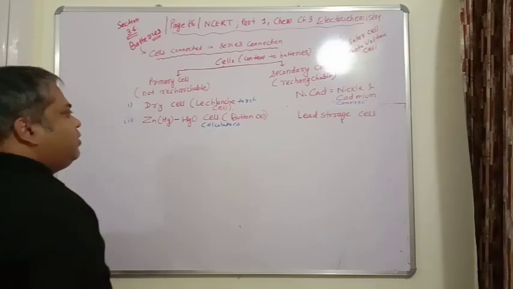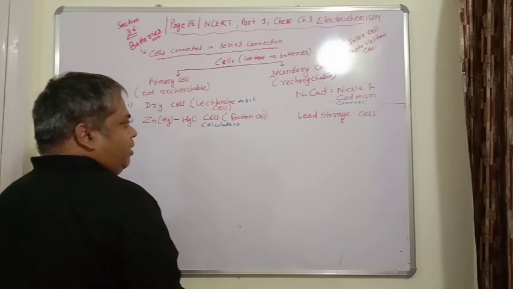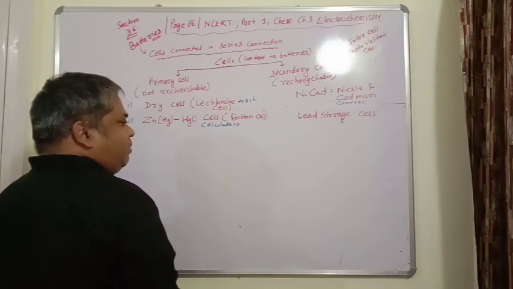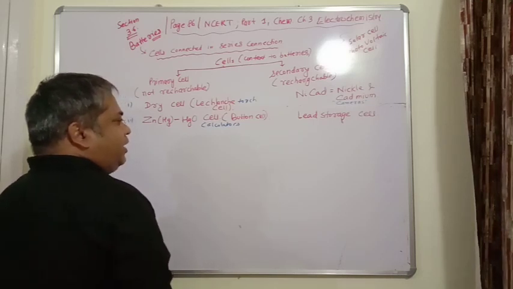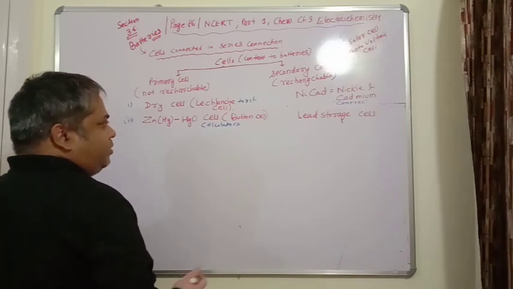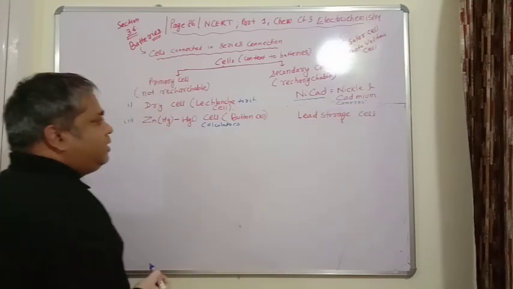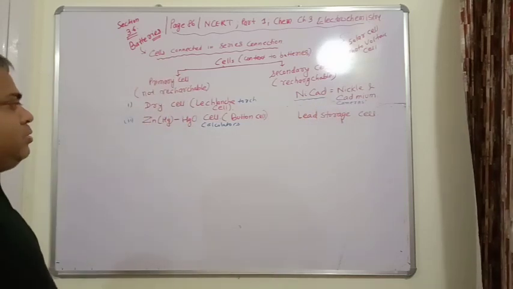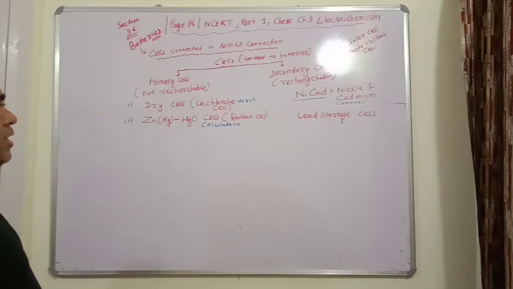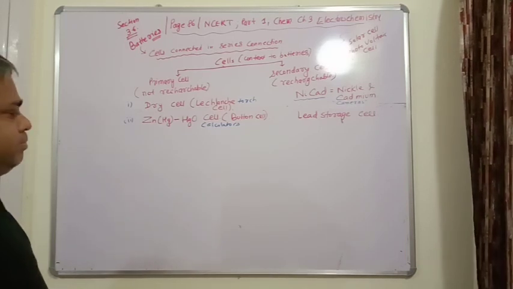When mobile phones were not there, at that time NiCad cell used to be there. But now since mobile phones have come, updation of the textbook has not taken place, so the lithium cell is not included. This NiCad cell is still available in the market, but is not in much use, because we use the rechargeable cell which we use in mobile phones, which contains lithium.